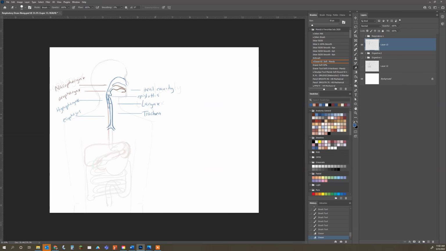Okay, so we're on the trachea. Again, the trachea is in front of the esophagus, and we can see it here. As we swallow, these two can press right against each other, and the trachea itself is a tube-like structure, obviously, and it's got this cartilage that wraps around it.